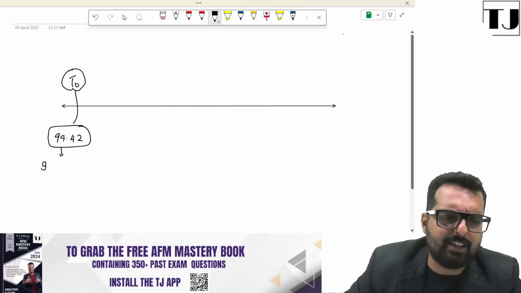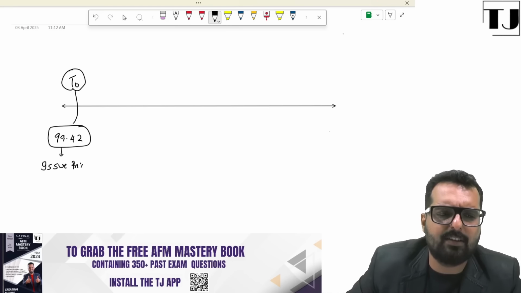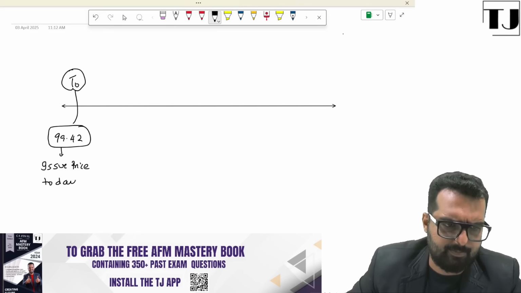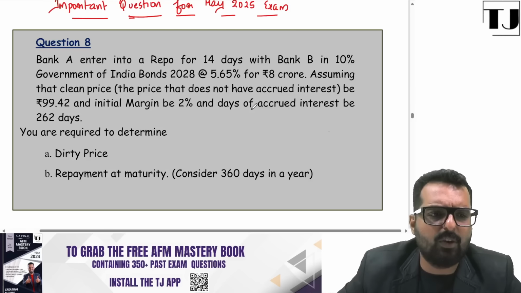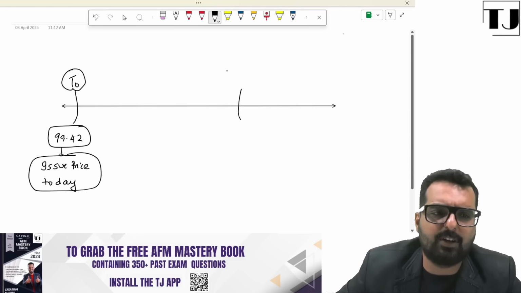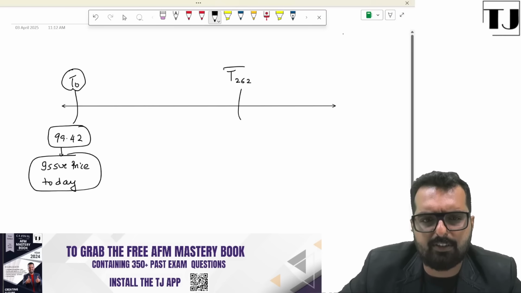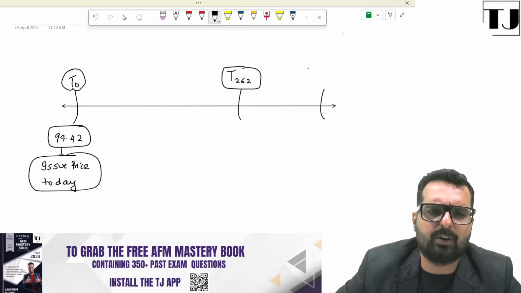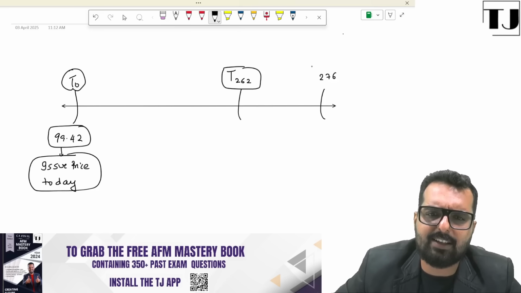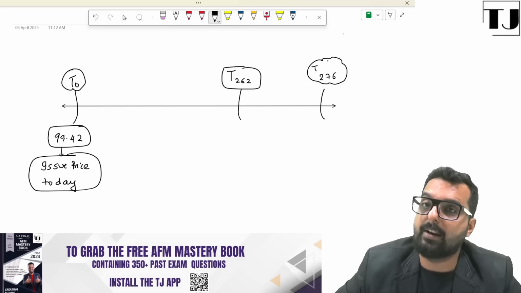So clean price is nothing but the issue price today. Now, he is going to take this loan after how many days, friends? After 262 days. I'll put it as 262. And he's going to take a loan for a total duration of how many days? 14 days. So 262 plus 14 would be 276th day when he's going to repay the loan.